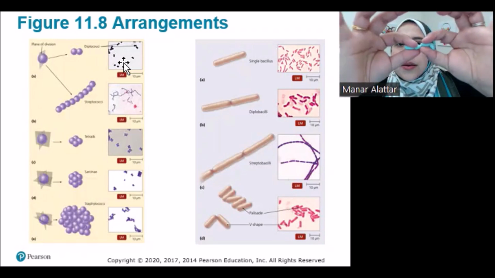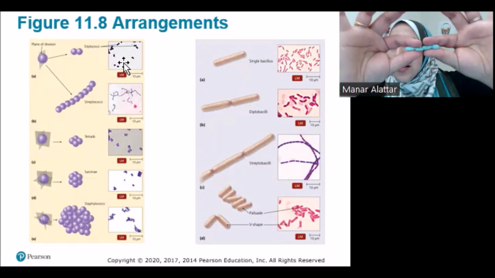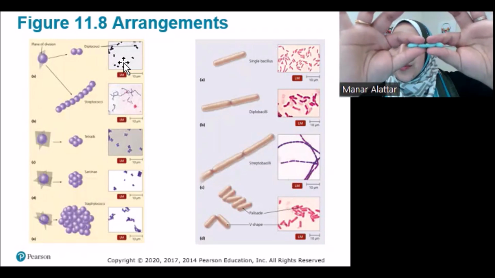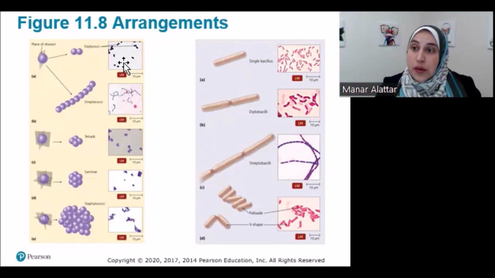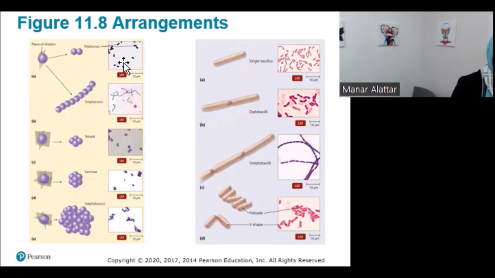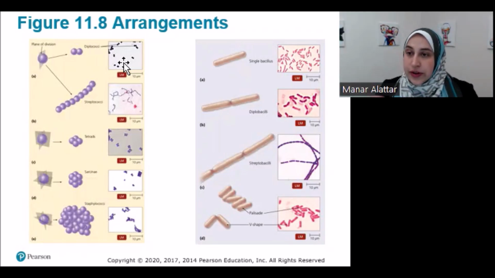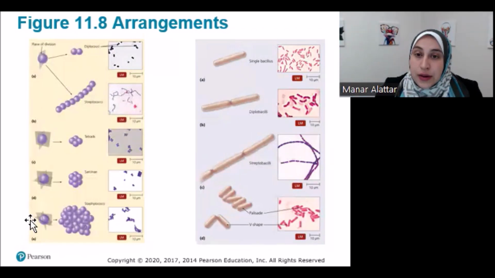Okay, so you can see there our chain of bacillus-shaped organisms, and since it's a chain, strepto is in reference to the chain, and bacilli is in reference to the shape of those organisms. Okay, and so you see that unique arrangement that's coming out of the reproductive strategy.